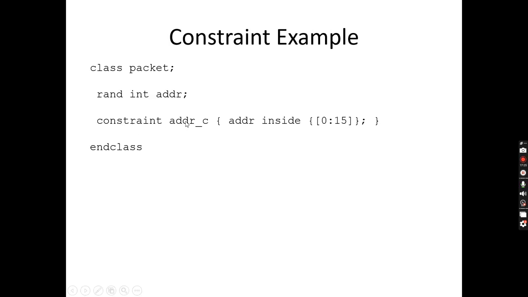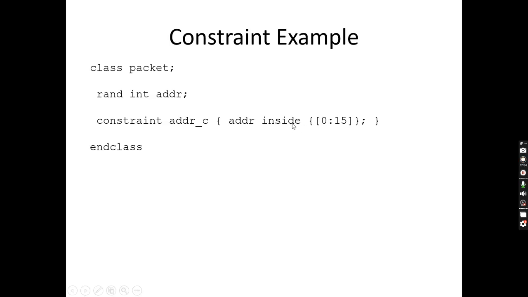If you want to restrict the data, first of all you have to write constraint. It's an inbuilt keyword. Then the constraint name is your choice. This syntax you should remember. Inside, whatever condition you want to write should be written here. I want to restrict the data of address, so that address keyword should be here, and inside is an inbuilt construct.